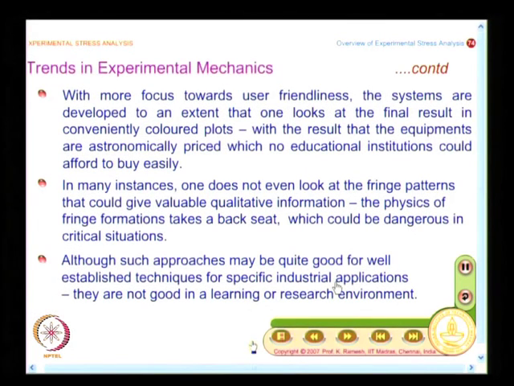For this, they have well developed equipment; you have to press a few buttons and then keep monitoring the process. That is a specific application where you need some level of automation, some level of fast response. For such industrial applications, this kind of user friendliness may be all right, but it is not good in a learning or research environment. So, you need to make a difference.